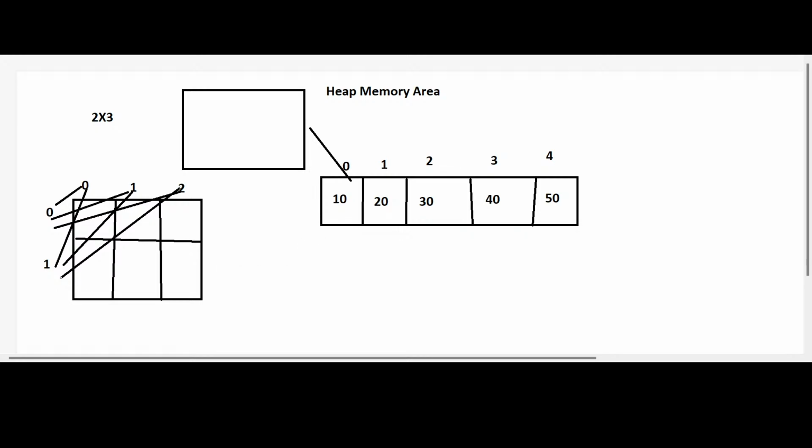So the syntax for a multi-dimensional array is: integer, then 2 dimensions, followed by the variable, then new integer of 2 followed by 3.